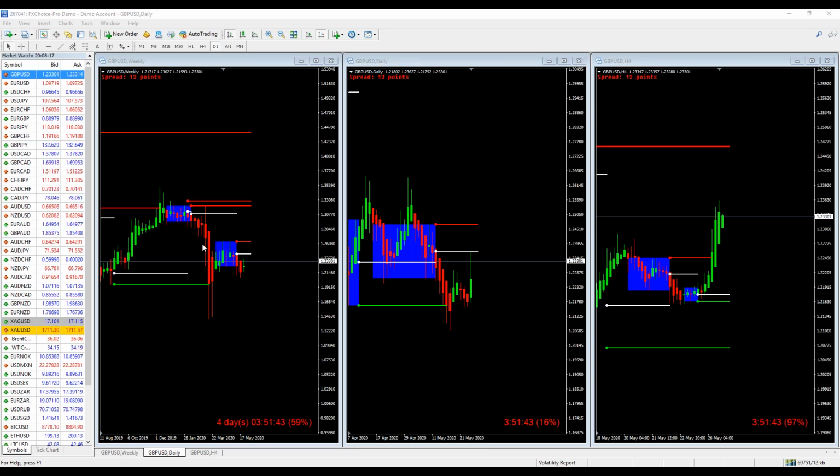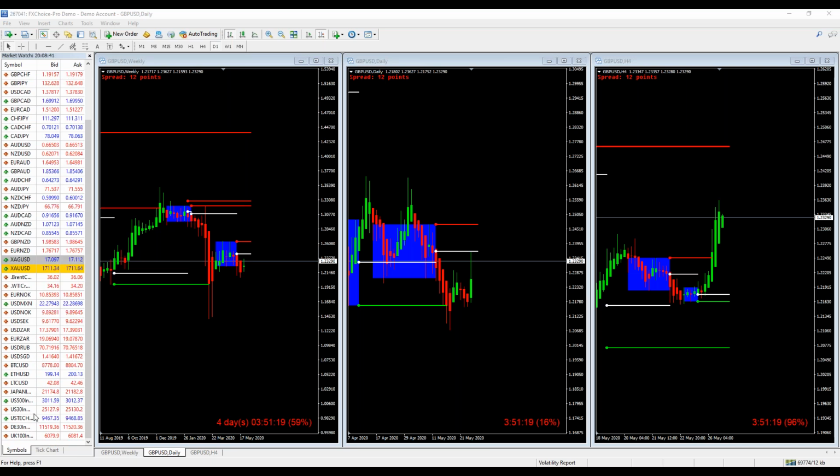So the same goes for looking at your pairs in the morning on your smaller time frames, if you're not trading this high up, it is still going to be very similar. All the same things apply, where you can look at it and say, oh, this is starting to get interesting.